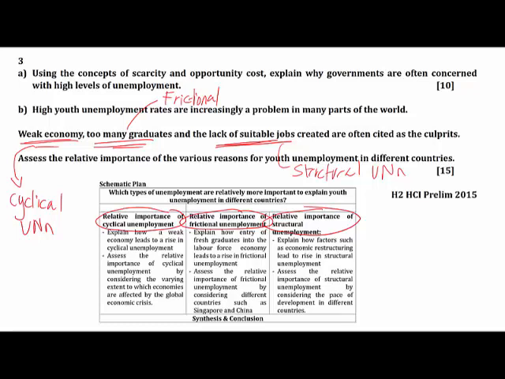So for this one you may have to go and maybe Google, read up a bit more on various news articles and a bit more about youth unemployment in various countries, so that you have a bit more to elaborate on. So this one requires a bit of research, which I think you can easily do through Google.